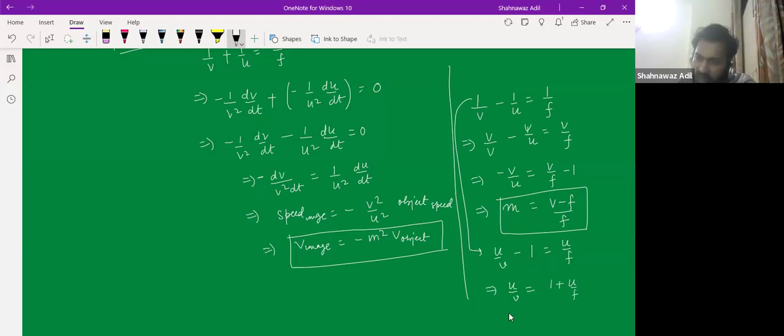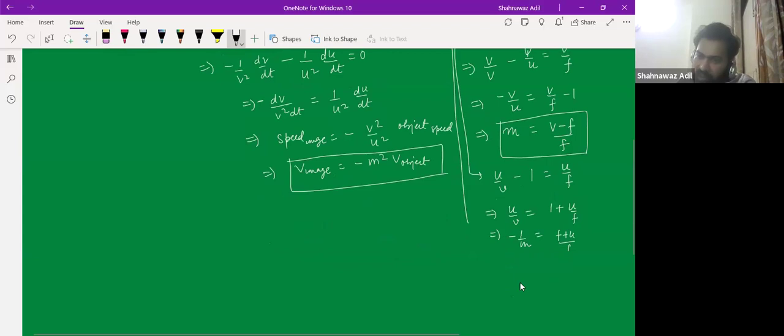Then I can write this as minus m, and this is (f plus u) divided by f. So I can write m as minus f by (f plus u).